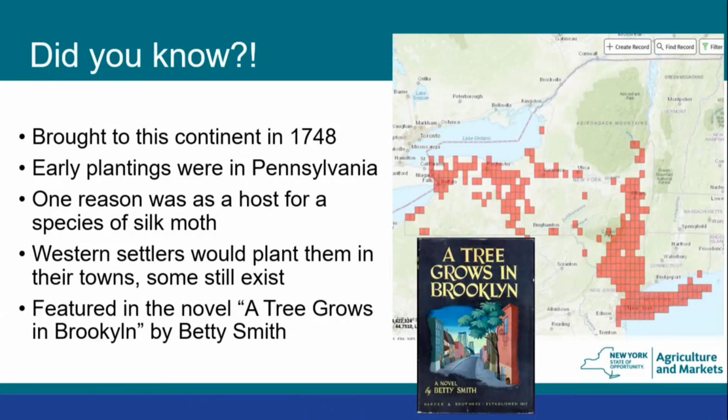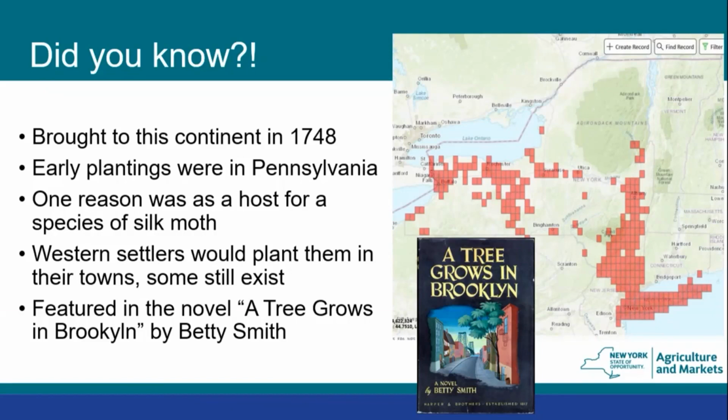Silk was a very valuable commodity, and silk moth farming or production was highly sought after. So hosts for these silk moths were brought in hopes of producing silk here in the U.S.